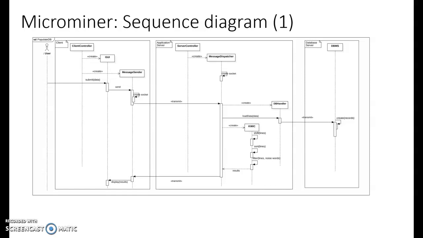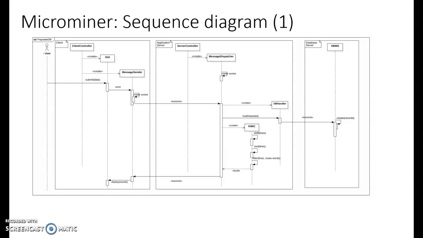And the server controller will open a pool of threads and watch all the threads. The message dispatcher will create a socket and receive the incoming message. It accepts the data and passes the original data to the database through the DB handler and JDBC.